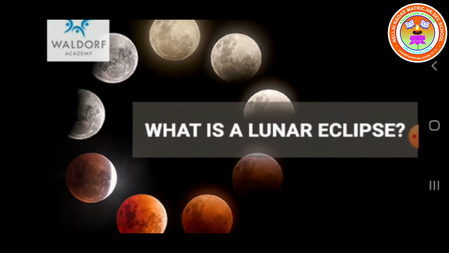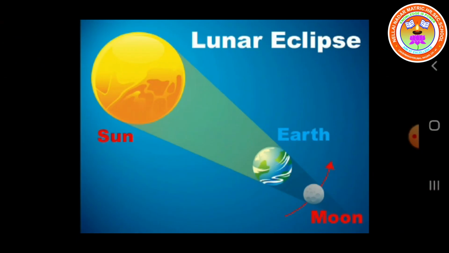A lunar eclipse occurs when the earth comes between the sun and the moon. The earth prevents light coming from the sun and makes a shadow on the moon. This is a lunar eclipse. I hope you all understood about solar eclipse and lunar eclipse clearly.